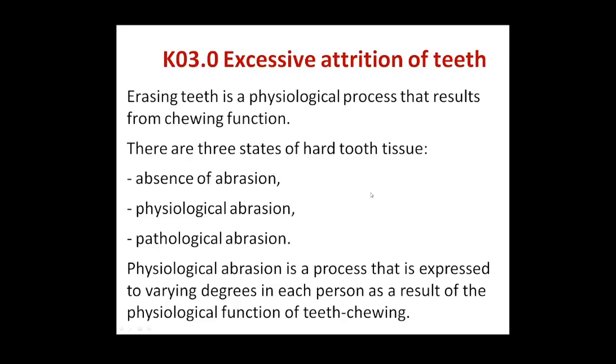This is a pathological process that results from tooth function. There are three states of hard tooth tissue. First, absence of abrasion, next, physiological abrasion, and the third one, pathological abrasion.